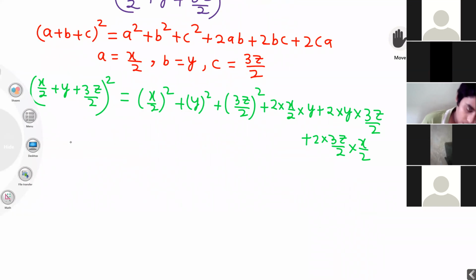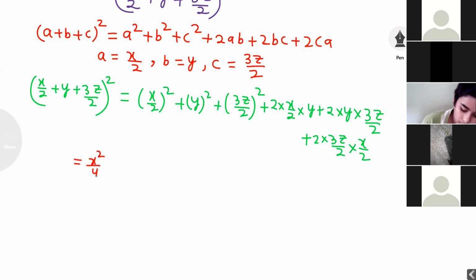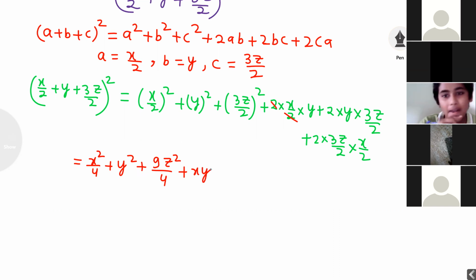X by 2 whole square means x square by 4, x square by 4 plus y square plus 3z by 2 whole square. 3 3 is 9, 9z square by 4 plus 2ab. This 2 up and down cancel because we are doing multiplication operation. Plus xy. Next 2yz, this 2 also cancel.